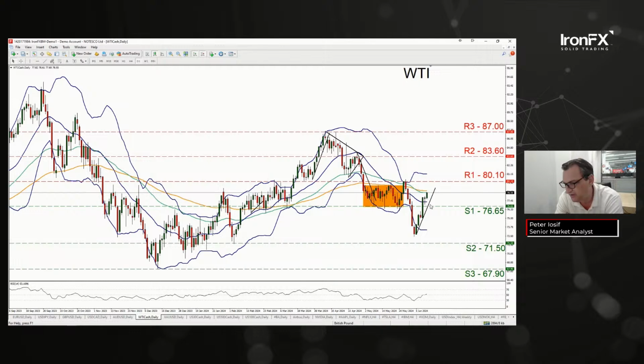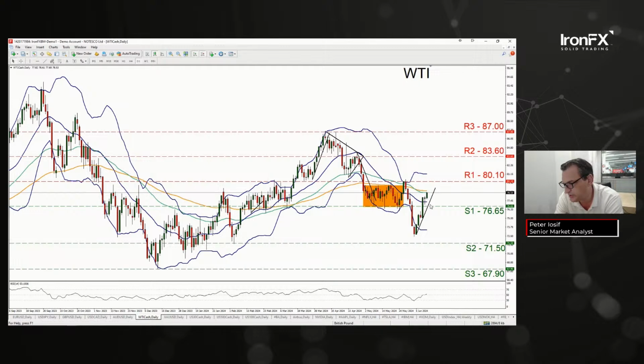So we have a couple of elements which would be of interest for oil traders, not only today, concluding today. Let's not forget that tomorrow we are to release our weekly oil report, which is going to be containing all of that. For the time being, on a technical level, we tend to maintain a bullish outlook.